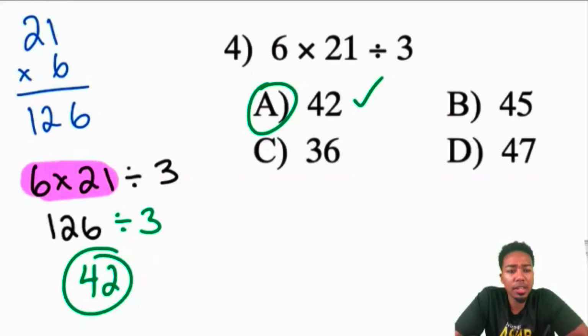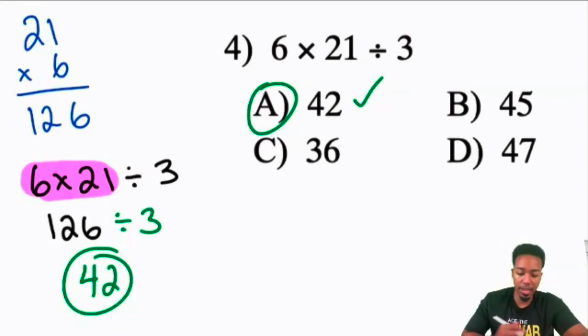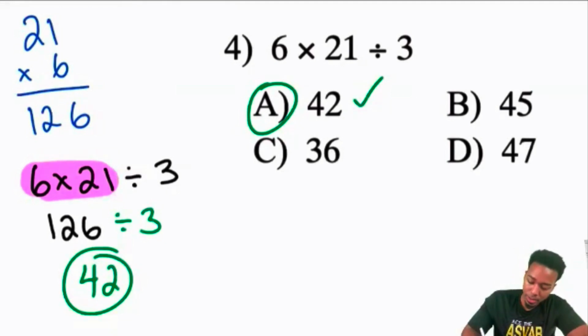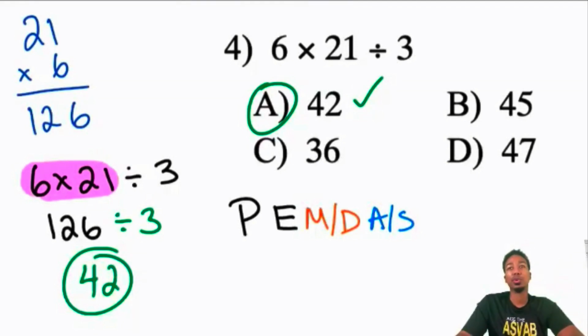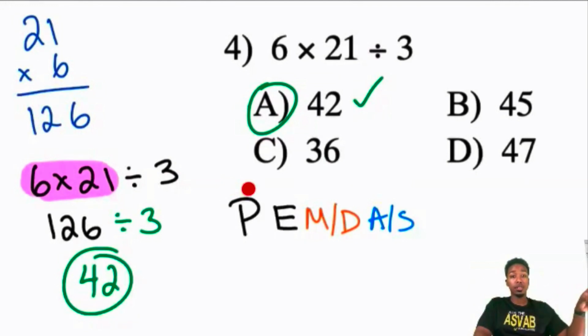So you scan. It kind of goes like this. Let me highlight this right over here. P, E, M, D, and then AS. So here's how I do it. When I scan left to right, I always scan: is there a parentheses? Yes, no. If not, are there any exponents?